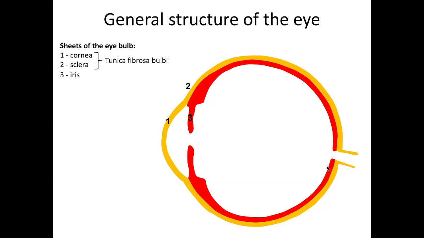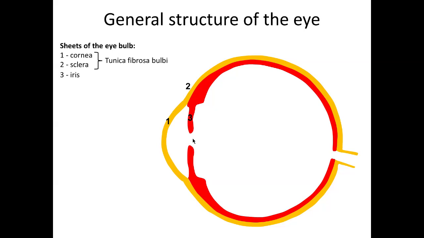The main aim of this part of the vascular sheet is to protect the internal space of an eye from the light. So light can enter the inside of the eyeball only through this hole. This hole is called the pupil.